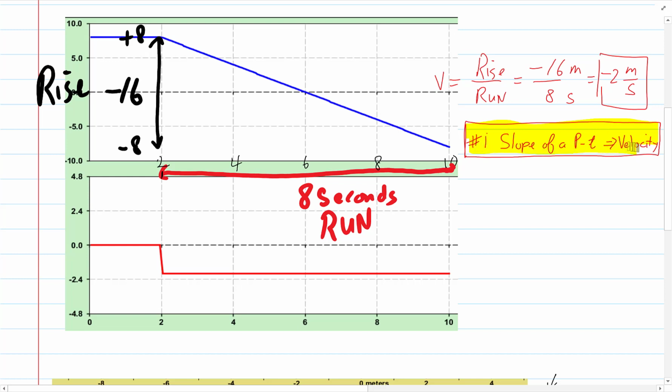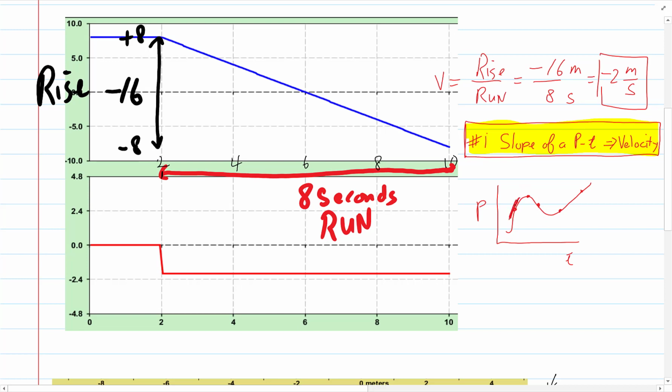Mr. Curl, you mentioned grade 12 or next chapter, and you mentioned university. So if the position time graph was like that, could we get the slope anywhere and determine that it's velocity? And the answer is true.